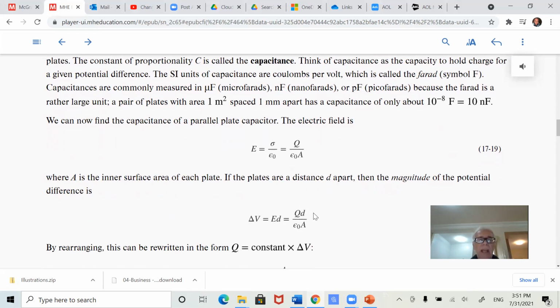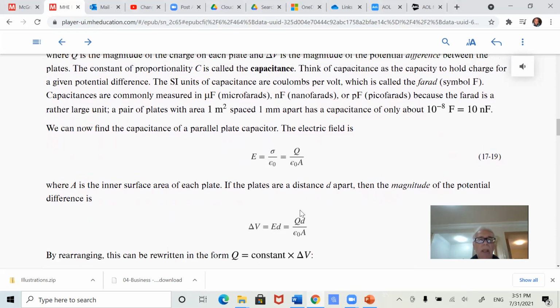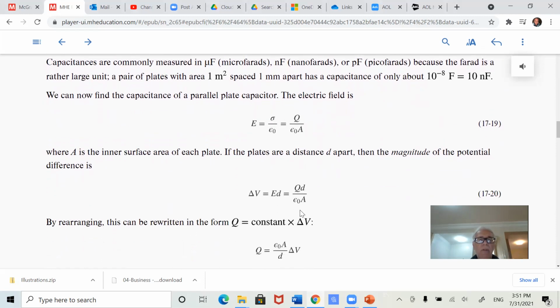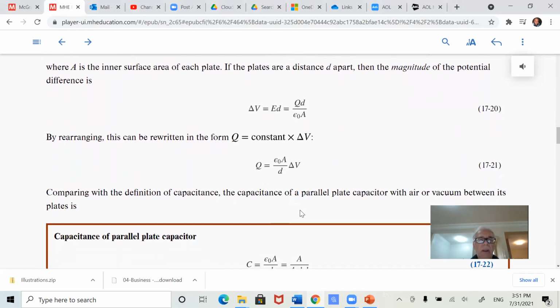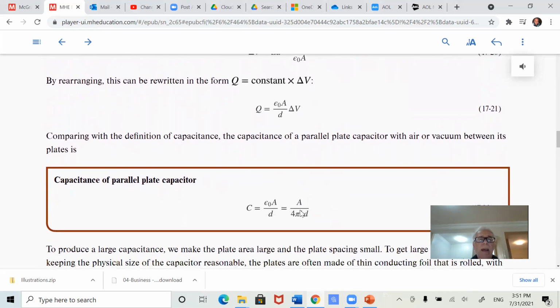You substitute that equation into the definition of capacitance, and we find that the capacitance of a parallel plate capacitor is epsilon naught A over D. But that's for a parallel plate capacitor. For other capacitors, the capacitance is going to be different.